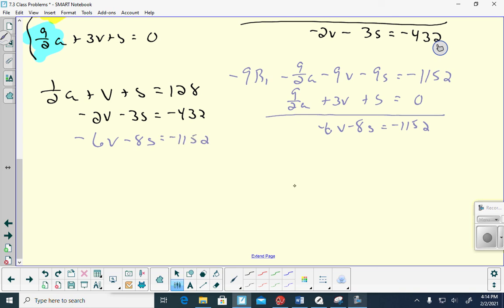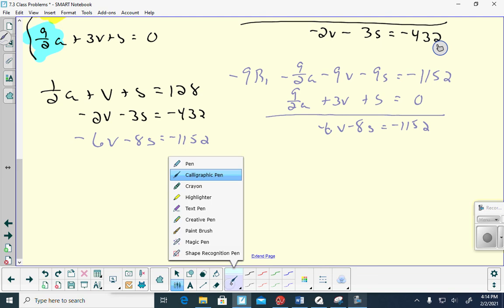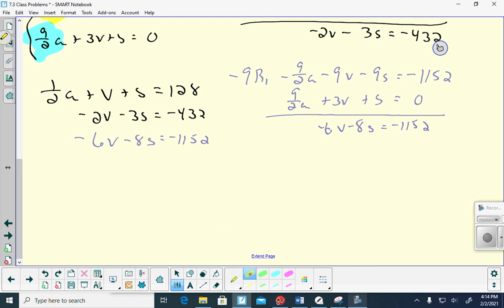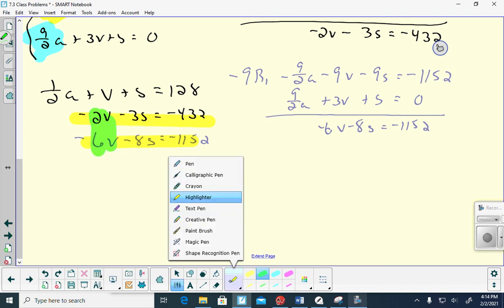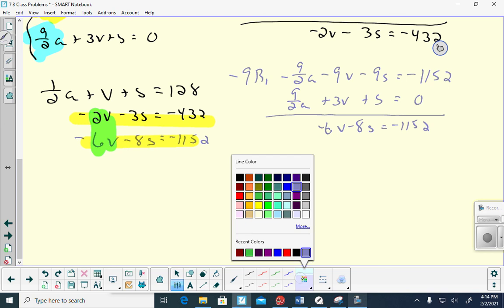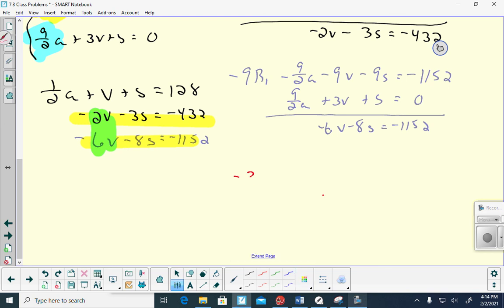Following the same pattern, I'm going to look at row 2 and row 3. And I want to eliminate the v, which would have been the y. And I decide in order to do that, I'm going to multiply row 2 by -3. So I'm going to do -3 times row 2.